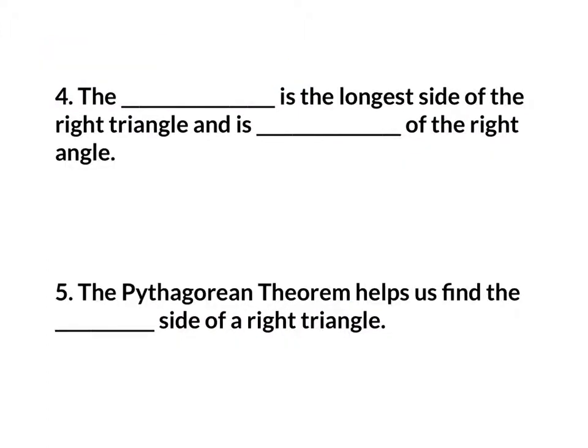For questions 4 and 5, we have a couple of things that we need to remember. Number 4 is especially important. The blank is the longest side of the right triangle, and it is blank of the right angle. If I draw my right triangle here, we know that it is marked by this little box in the corner, which once again means a 90-degree angle. We have A, B, and C again, and we just said that A and B are the legs.